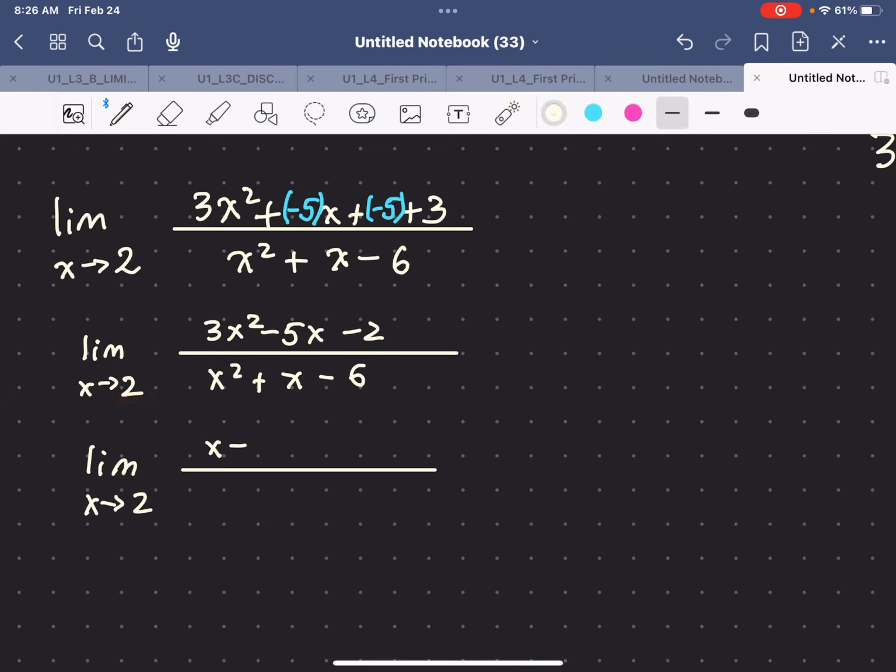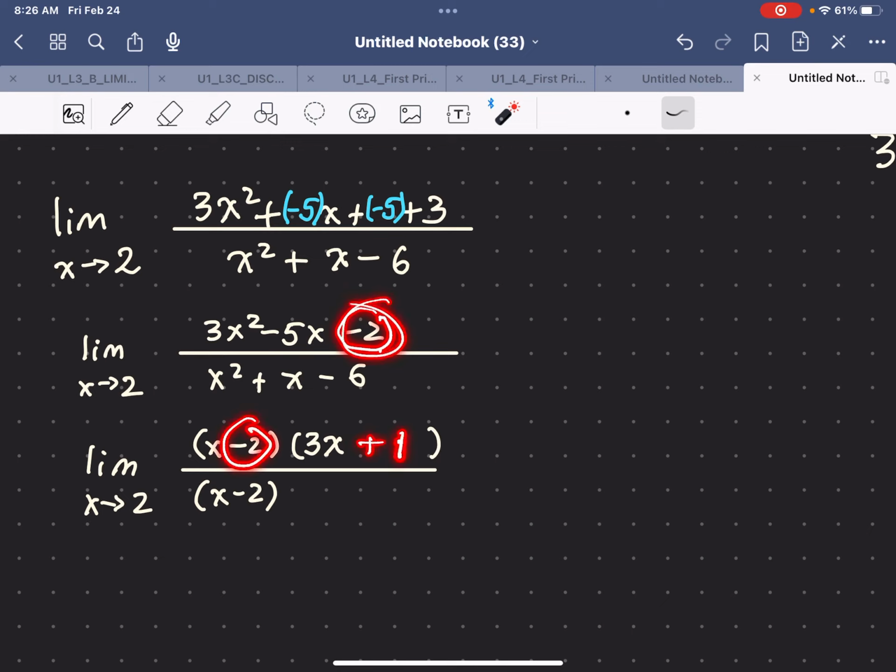And we know that x minus 2 is a factor of both numerator and denominator, which will make it easier for us to factor each of them. So if x minus 2 is a factor in the numerator, that means that the other factor will have the first term 3x to produce a 3x squared, and the other one has to be positive 1 because negative 2 times positive 1 will give the last constant term here. Then the denominator will again have the other factor, x plus 3.